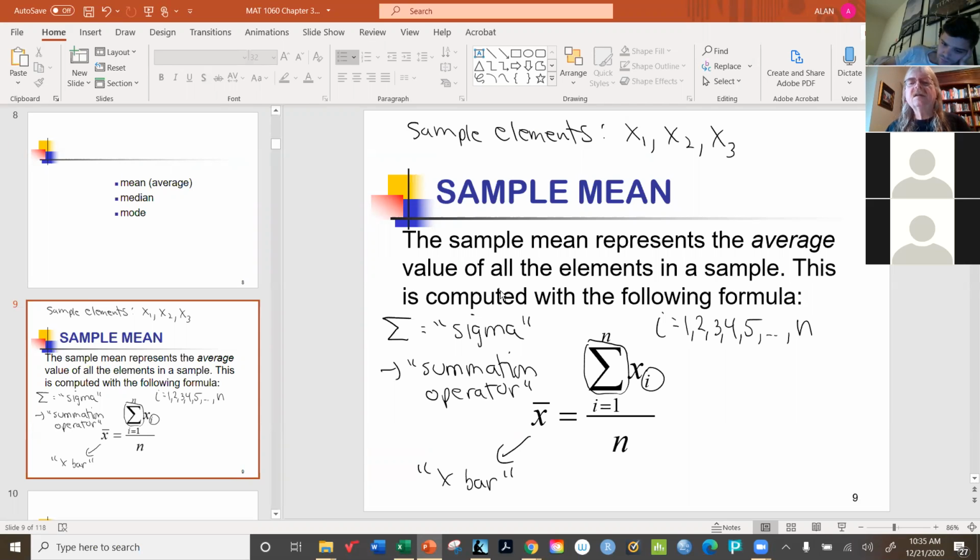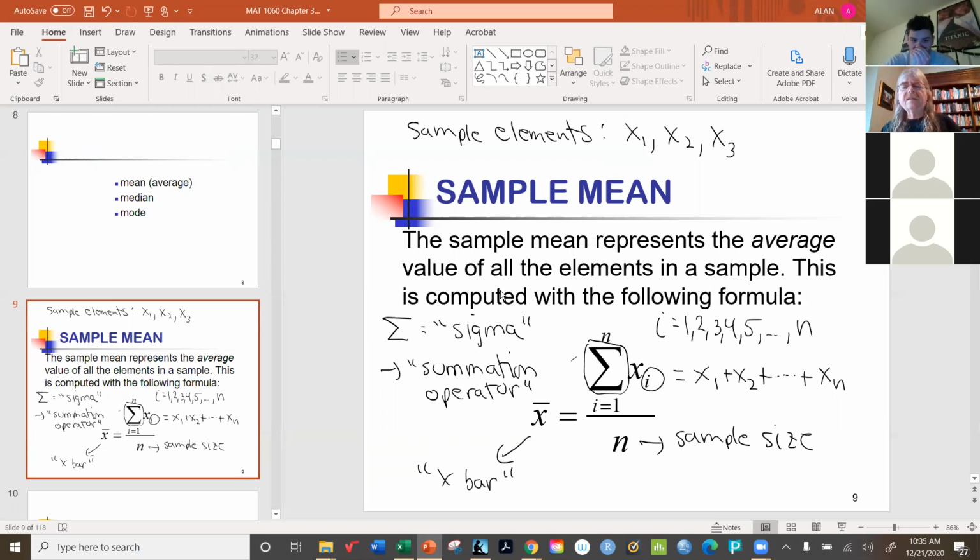In this case, that something are the elements of my sample. So this whole numerator can be replaced with x1 plus x2 plus all the way out to xn. So you can see it is simply a compact way of saying x1 plus x2 all the way out to xn. And this n itself is the sample size. In other words, how many elements are in your sample.